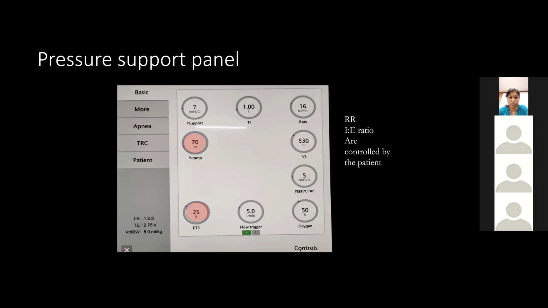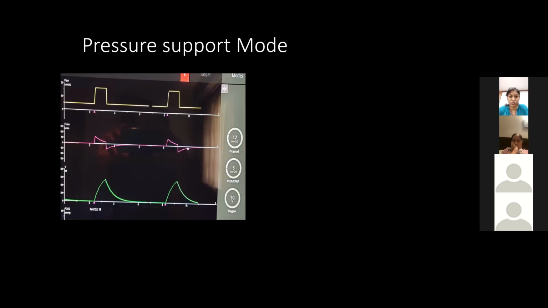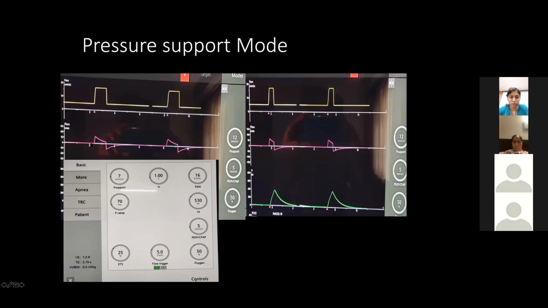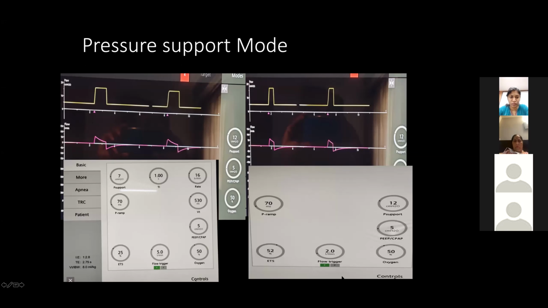There are only two settings. The expiratory trigger sensitivity by default is set at what? 25% of the peak inspiratory flow. Very good, Anbumani. That is the correct answer. Okay, this is expiratory trigger, this is the rise time. See here how the flow is occurring. And you see what I have changed here.